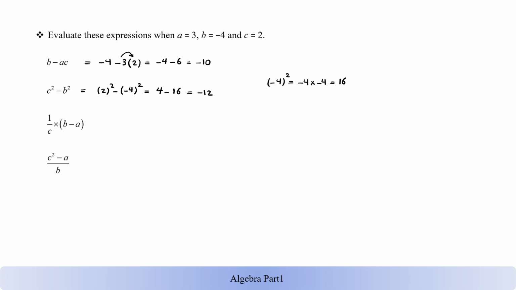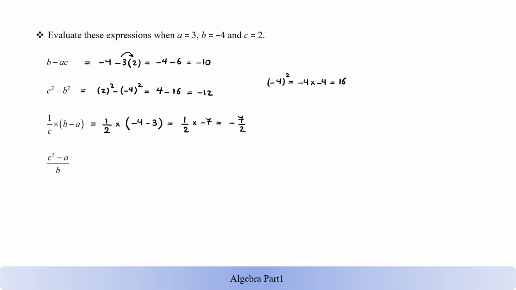Okay, next one. 1 over c, so 1 over 2 times b minus a. b is negative 4, and a is 3. So minus 3, it would be the same as 1 over 2 times negative 7, which is negative 7 over 2.